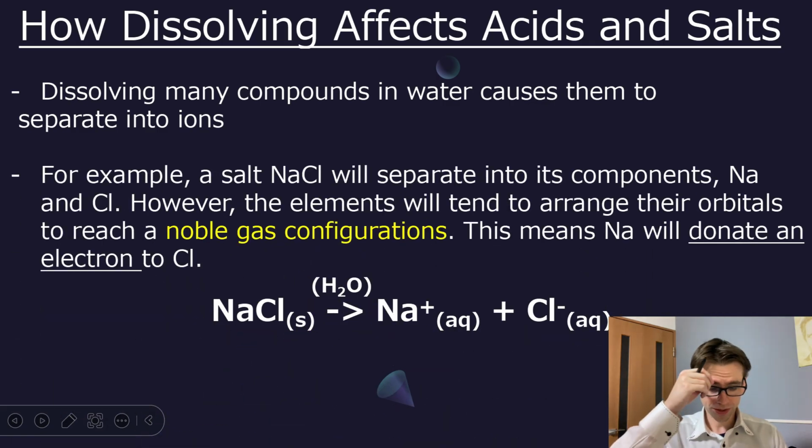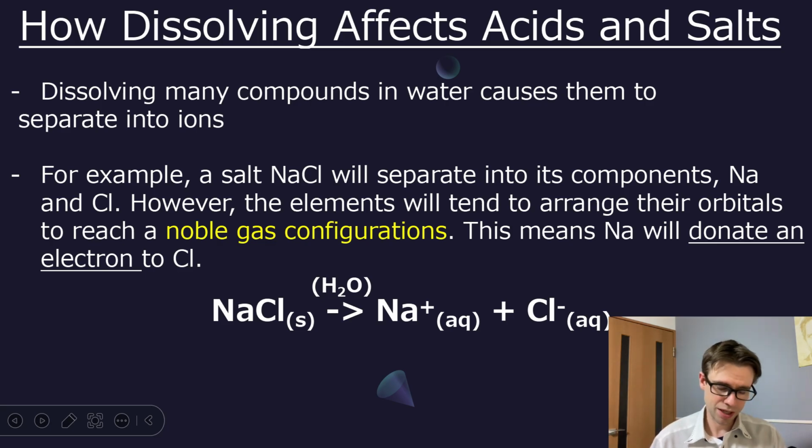So for example, a salt, NaCl, sodium chloride, that you put on your food as salt, will separate into its components, Na and Cl. However, these elements will tend to arrange their orbitals and their electron configurations into noble gas configurations. If you need more review on that, go watch my video on electron configurations, but in that video, I mentioned that it's much more stable when atoms have a full shell resembling a noble gas configuration.